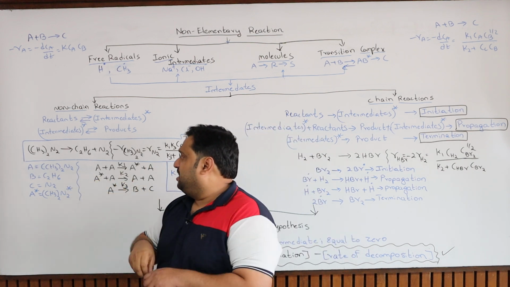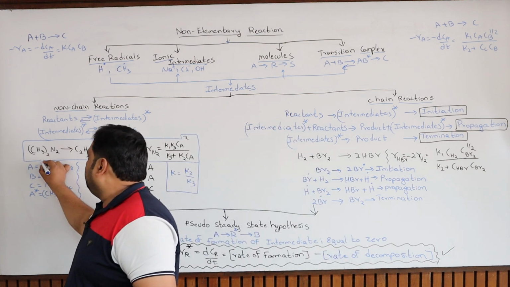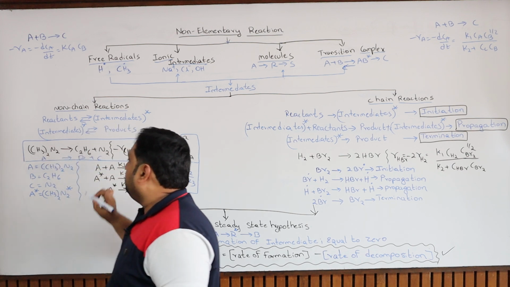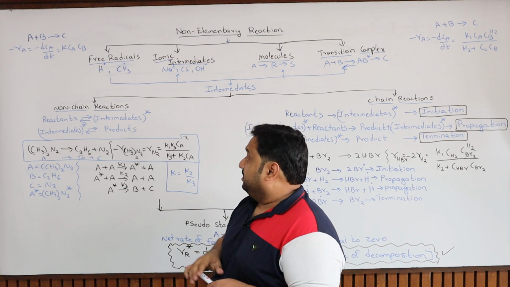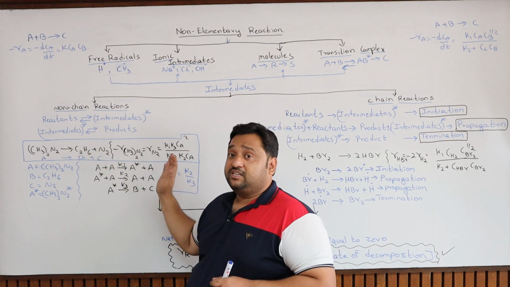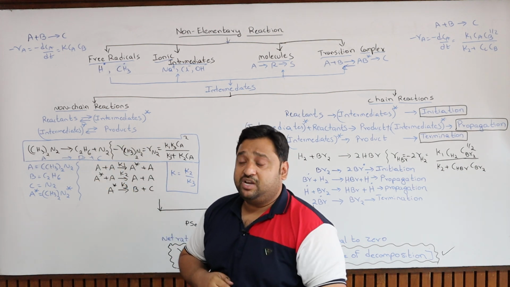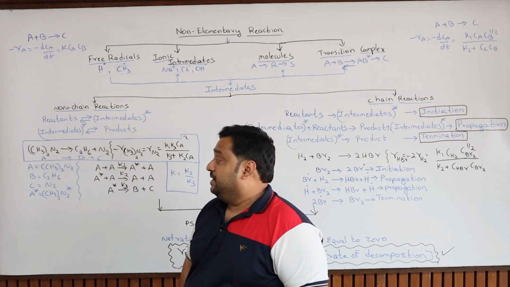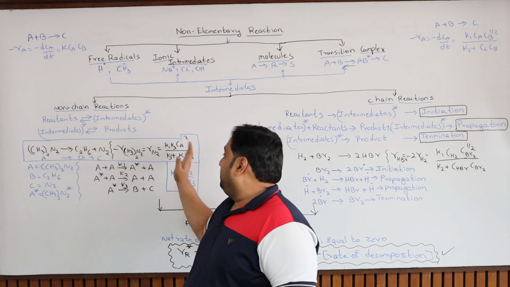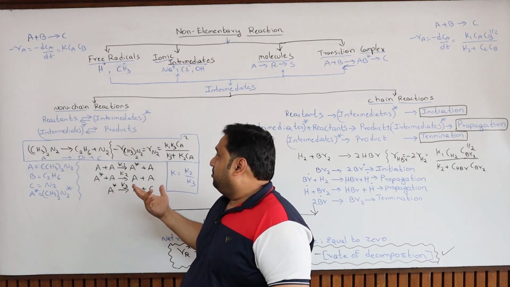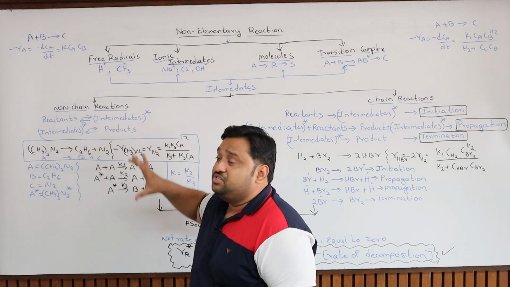Ca is azomethane, because I have given A to azomethane, B to ethane and C to nitrogen. By looking at the equation itself you can judge whether it is elementary or non-elementary, because the stoichiometric coefficients do not match the rate expression. So this is one kind of non-chain reaction.